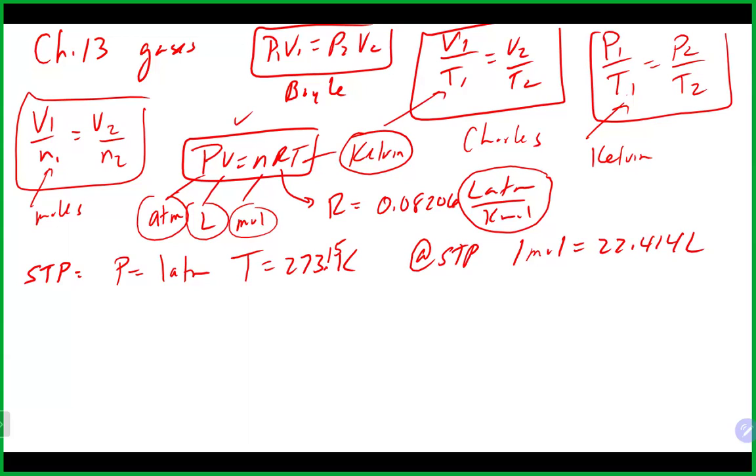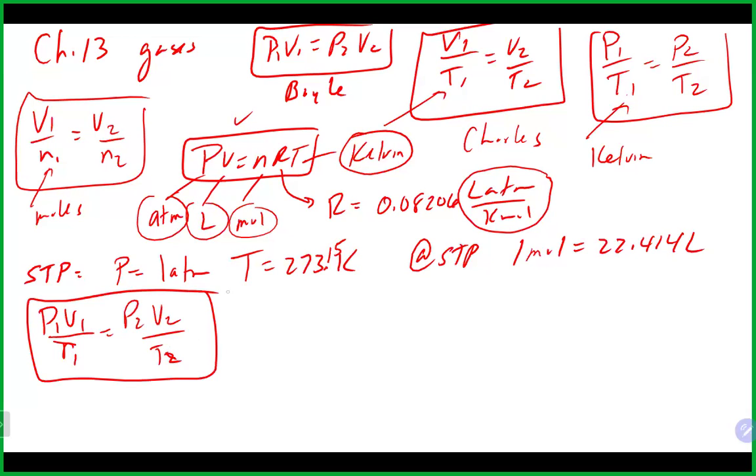We finished up on what is sometimes referred to as the combined gas law, P1V1 over T1 equals P2V2 over T2. And that, once again, is the combined gas law.